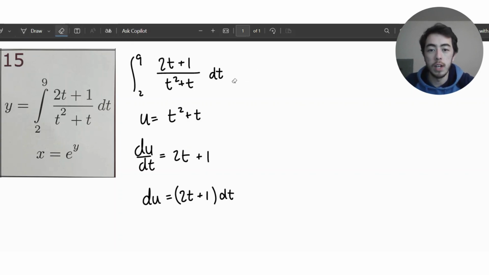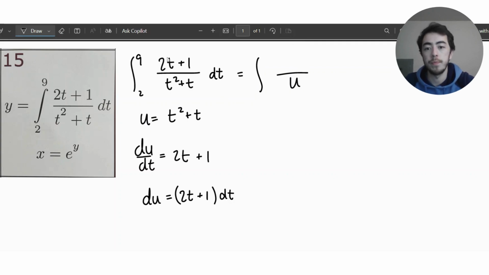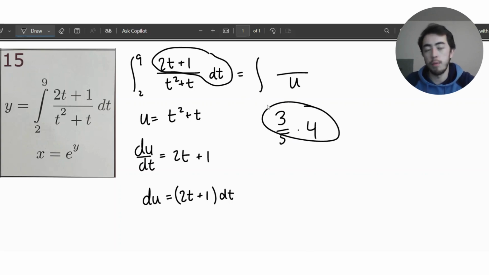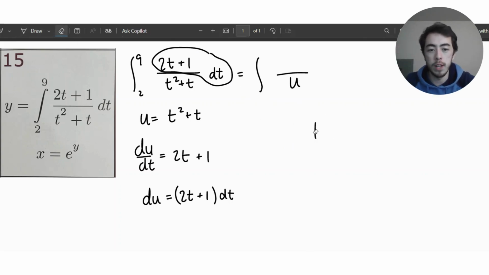Let's see. So in my denominator, I have t squared plus t. But 2 seconds ago, I just said that that was the variable u. And then in my numerator, I have 2t plus 1. And again, when you're thinking as if these were fractions, if you have like 3/5 times 4, the process to multiply them is just take the numerator and whatever you're multiplying by.